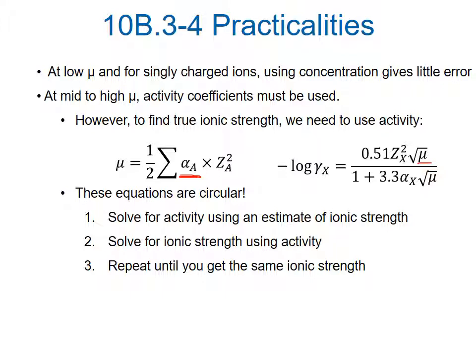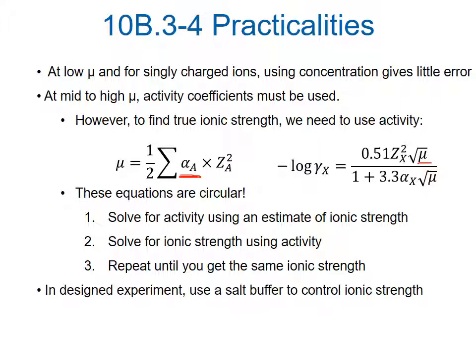So we can repeat over and over, and every time we should be getting closer to consistent ionic strengths, and eventually we'll have solved using the right ionic strength for activity, and it will give us the same ionic strength back. So it's a little bit tedious, but it works pretty well, especially if you repeat the calculations in Excel, because then you can just alter the ionic strength each time you come out with a new value.